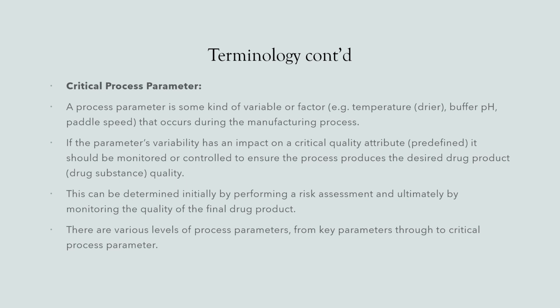Now, if the parameter's variability has an impact on your critical quality attribute, which has already been predefined and pre-specified, it should be monitored, it should be controlled to ensure that the process produces the desired drug product or the drug substance. But we'll just stick to drug product for the time being, but it is applicable to drug substance.